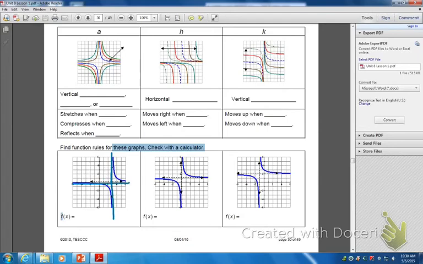So what changed was the vertical. Remember, it is the h that determines that. So that would be 1 over x what? Minus, we went to the right. Minus 3, right? There is no k because we didn't shift that horizontal, so we're good. So what can x not be? 3. And what can y not be? 0.